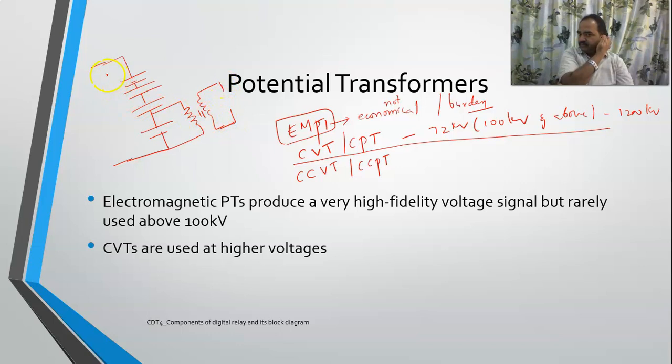It is just like a potential divider already existing, already reducing your value, and then you will have a transformer. So this is your capacitive voltage transformer, and the modern modification is the coupling capacitor voltage transformer. At higher voltage, these are normally employed. They are very cheap, and they also require less size. And the biggest advantage is that they are not much affected by the burden on the secondary side load.